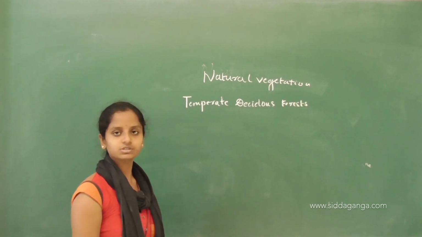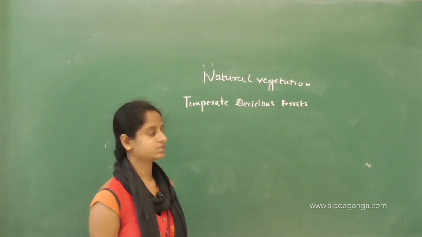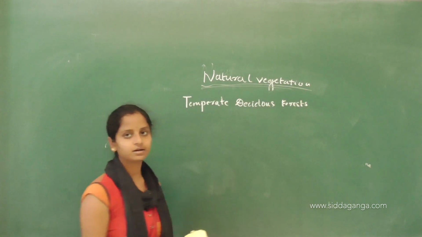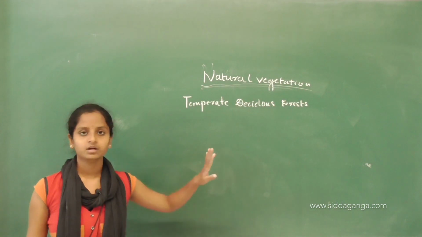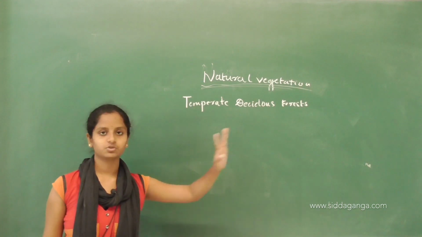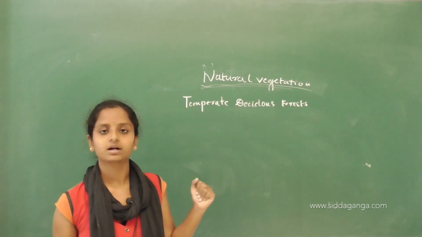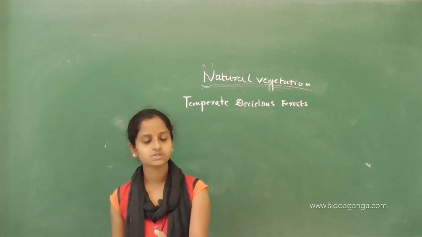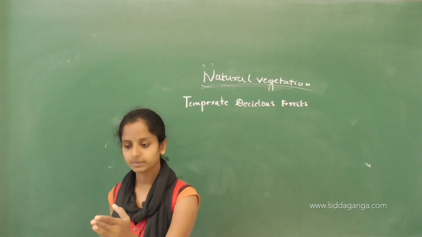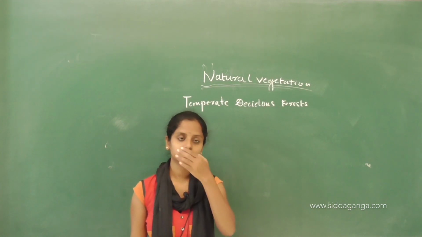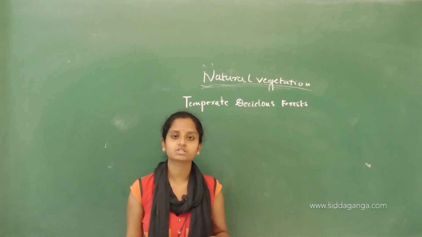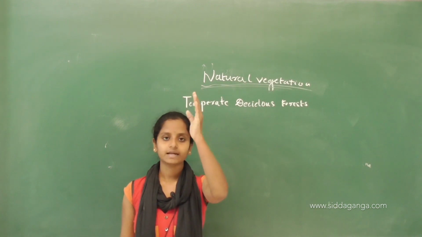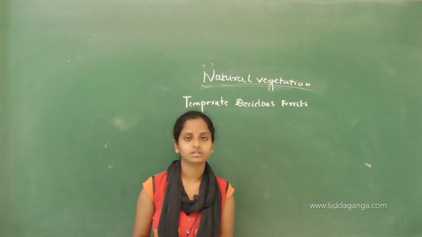Okay. Now we are going to see about the temperate deciduous forest in this natural vegetation topic. So, how does this temperate deciduous forest look? The tropical evergreen forest, the tropical deciduous forest and the temperate evergreen forest that we have seen can be seen on the north and northeast portion of the continent.